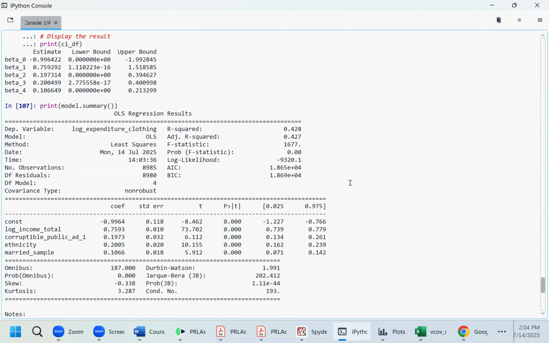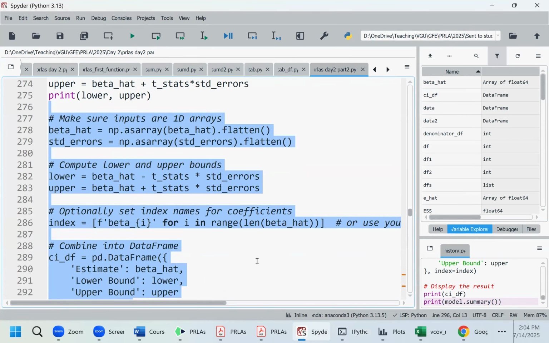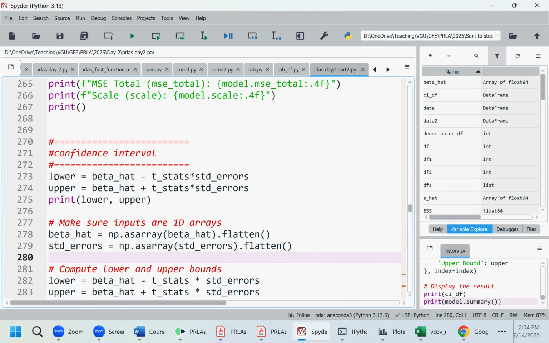Right, so what is wrong here? The way we have computed the confidence interval is somewhat not correct. So with this way of computing, it should be 5%. That's correct, right? So we need to have the value of the critical value, right?